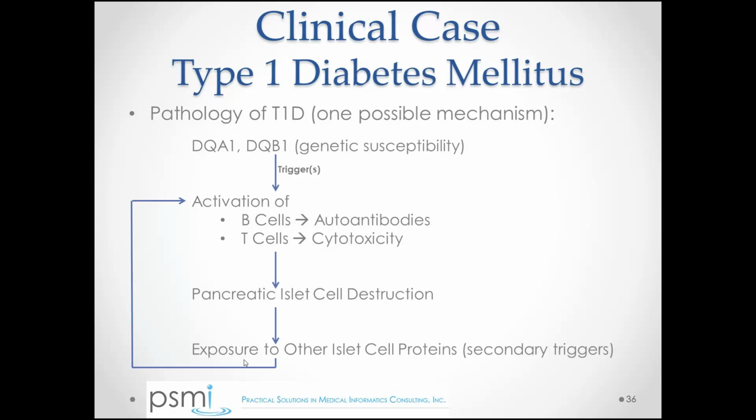The destruction then exposes the immune system to other islet cell proteins, which the body hadn't been previously exposed to, and they may serve as secondary triggers, and you wind up getting this cascade of immune destruction leading to diabetes. And I say that this is one possible mechanism because, of course, not everybody with diabetes has these particular alleles, and there's obviously a lot of other mechanisms at play in diabetes.